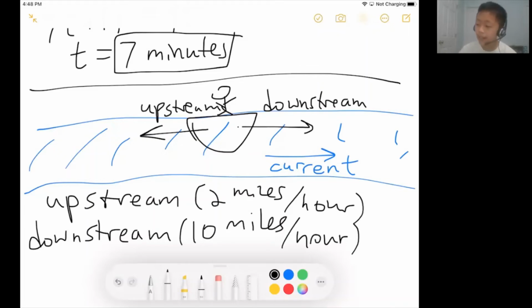So the idea is we can let C represent the speed of the current, and let R represent Jake's speed in still water.